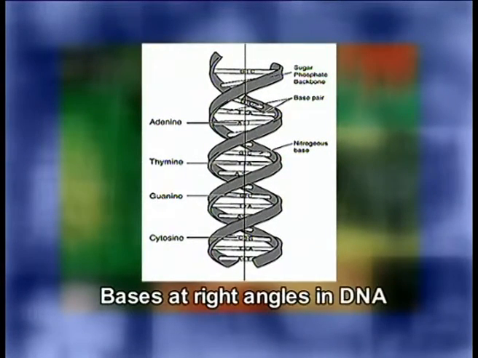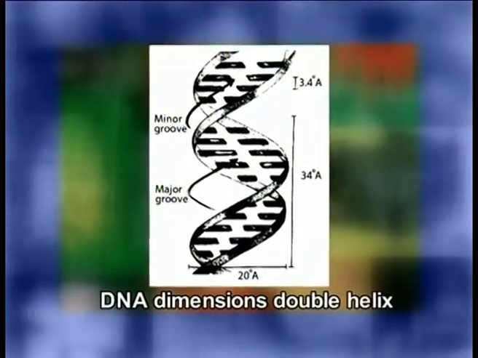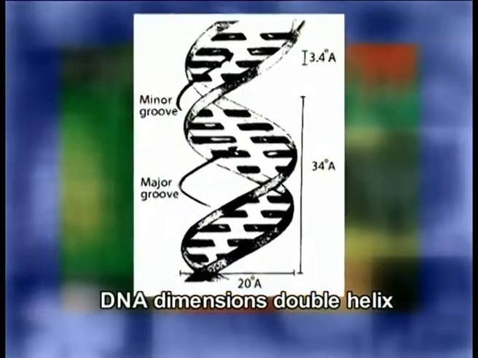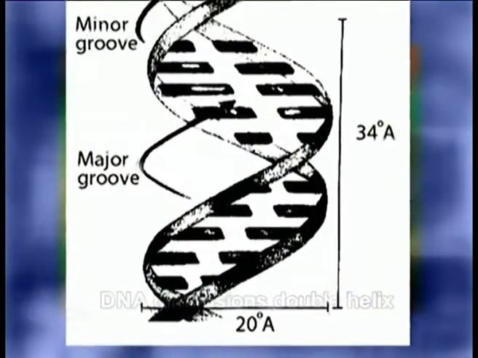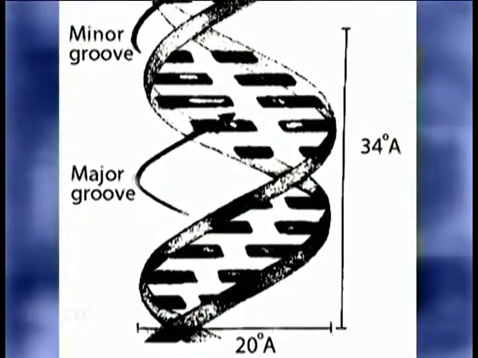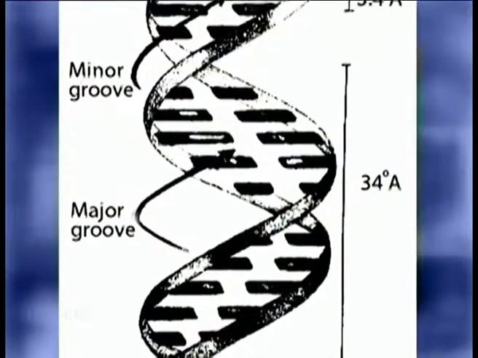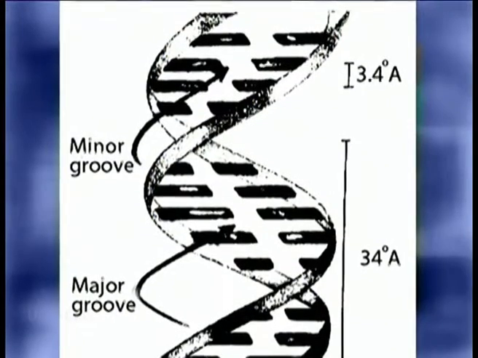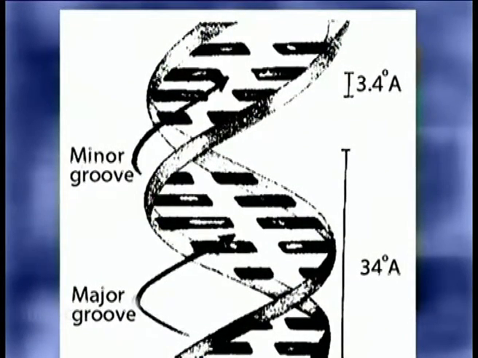Bases in the DNA double helix are set at right angles to the long axis. 4. The DNA double helix has a diameter of 20 angstroms and a pitch, that is one round, of about 34 angstroms. The distance between two base pairs is 3.4 angstroms and there are 10 base pairs in each turn.